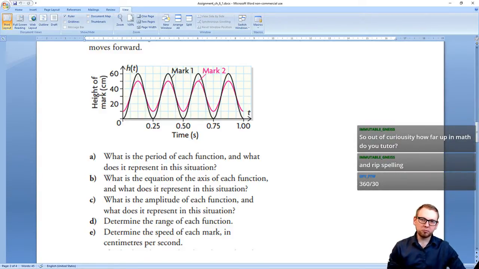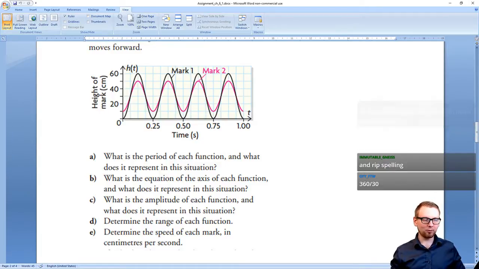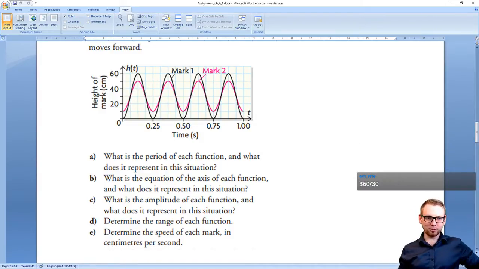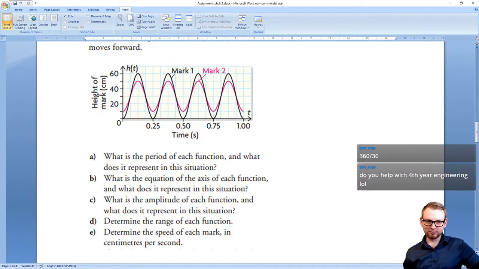I help with just first year stuff. Every once in a while I help with second and third year stuff, but it's very infrequent because most of the time if you're up that high, you don't need help, and I don't remember everything there is for upper years. It's hard enough keeping track of everything in the world for even high school. No, I don't help with fourth year engineering.